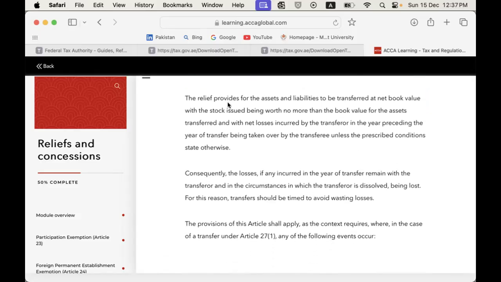Okay, relief provides for the assets and liabilities to be transferred at net book value, with the stock issued being worth no more than the book value of the assets transferred.